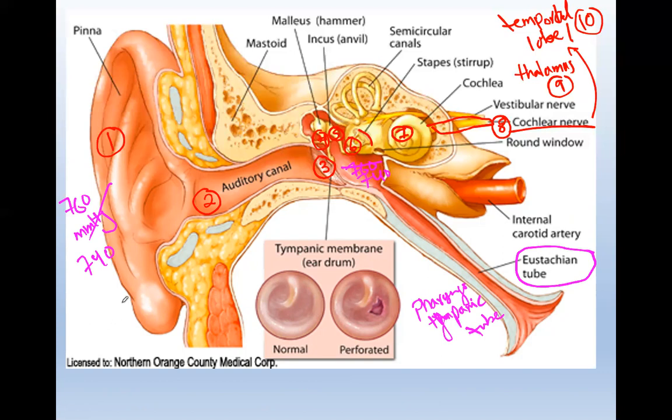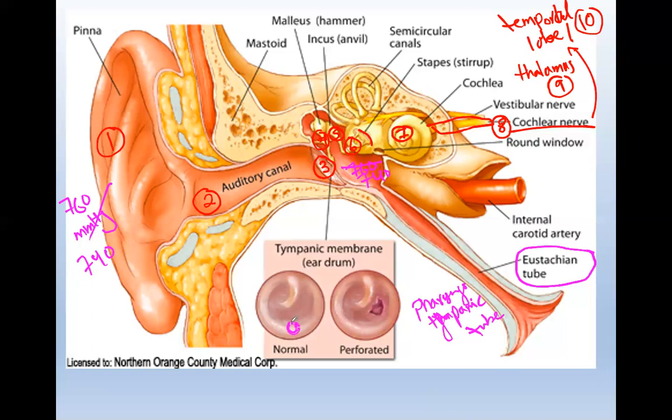Can this be fixed? Yes. Especially if it happens in children, the healing is pretty rapid after taking medication and taking care of the infection. In some cases, if the child is very susceptible to ear infection, they implant a little structure that creates an actual continuous opening inside the tympanic membrane.